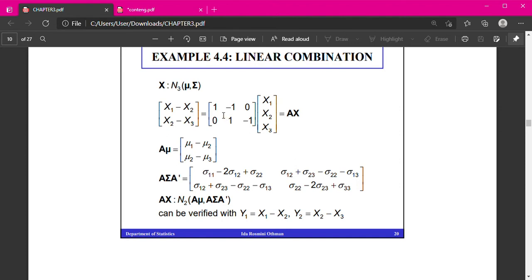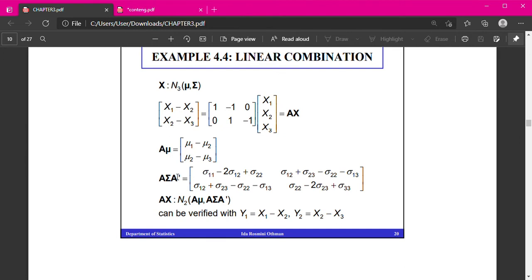Okay, so it will be 1 here untuk X1 di sini, negative 1 here untuk X2 di sini, 0 sebab X3 0. Kita kena create semua sampai 3 sebab kita tahu X ada 3. Okay, untuk linear combination yang kedua, X1 0, sebab tu 0 kat sini, di sini 1 untuk X2 dan negative 1. Dan ini adalah vektor untuk X, X1, X2 and X3, which is the AX. Bila you multiply this, you akan dapat yang ni balik.